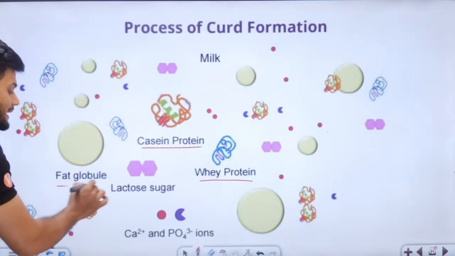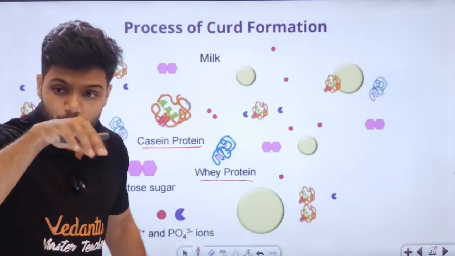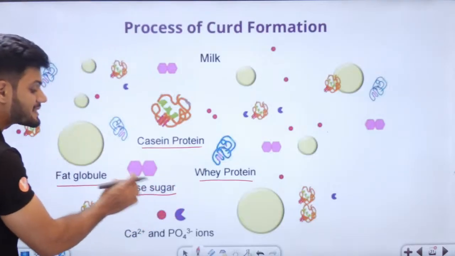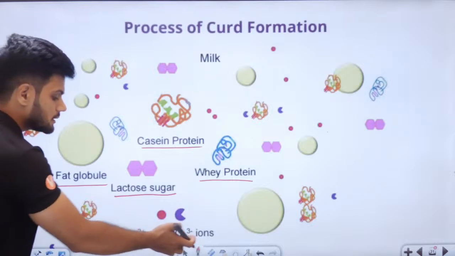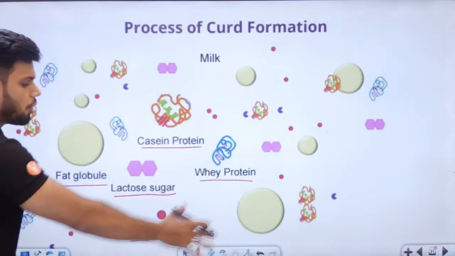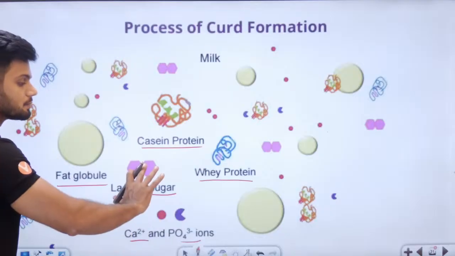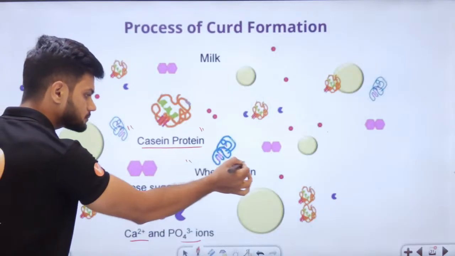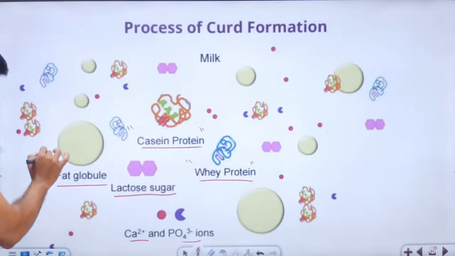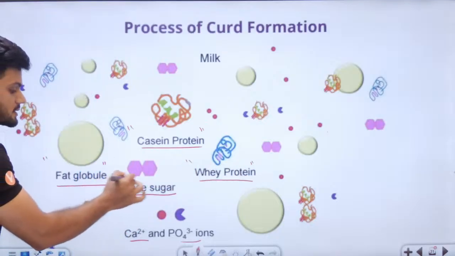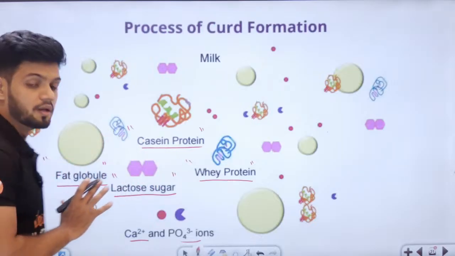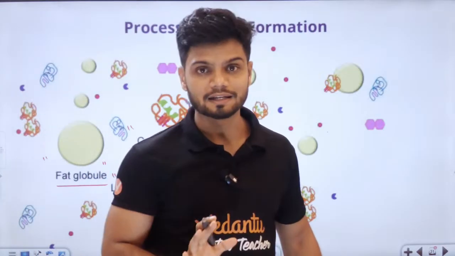It has fat globules, which we can see on the top usually. It also has lactose sugar, which is a disaccharide, and certain ions. So please remember, there is protein, fat globules, and lactose sugar, mainly.